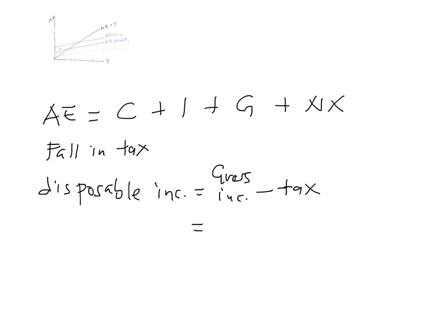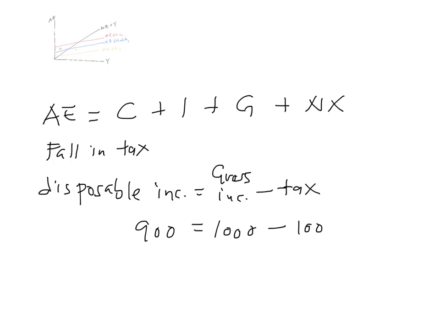Okay, if your gross income is $1,000 and the tax rate is 10%, you have to pay $100 and you're left with $900. And then depending on your marginal propensity to consume, you will consume money based on your disposable income of $900.